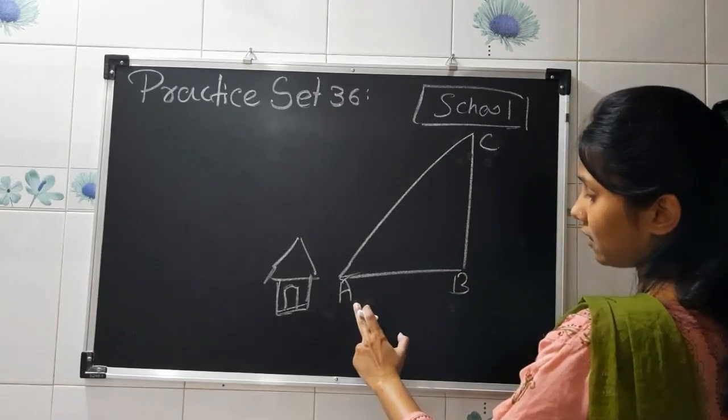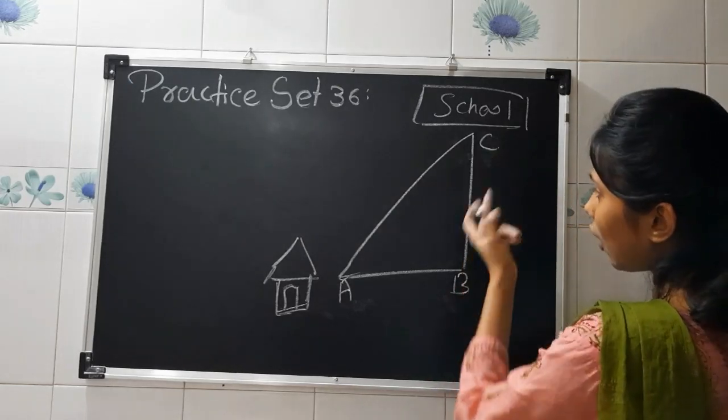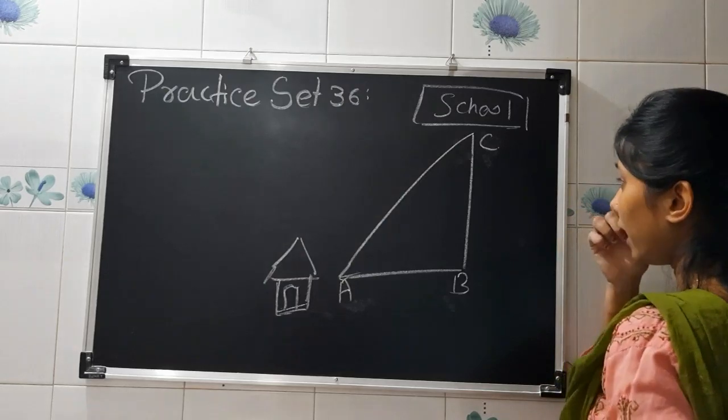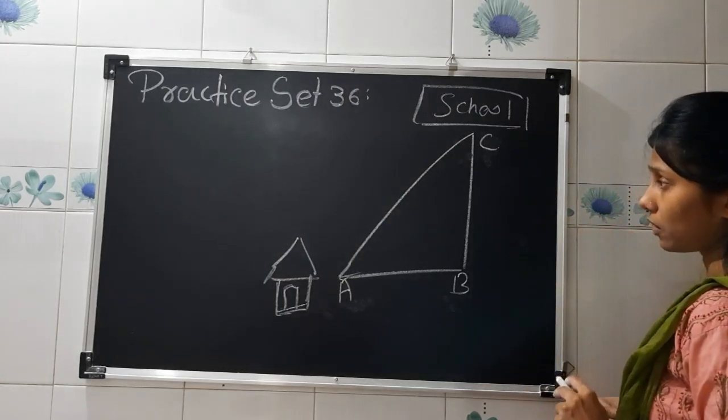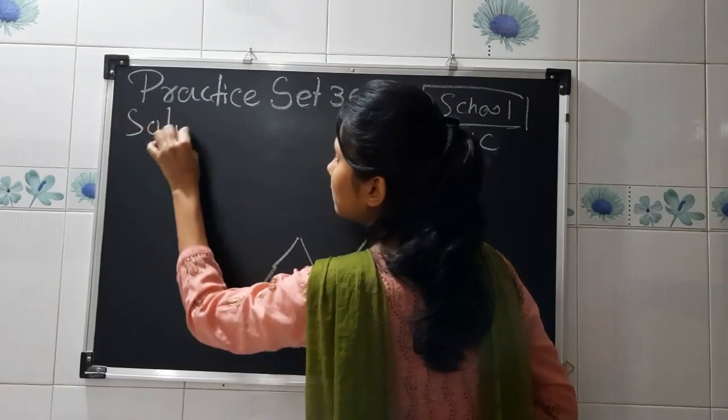So either he will go from the road AB and then BC, or he will go directly from the road AC. Okay, we have to find out which road is shorter. So first, here's your solution.